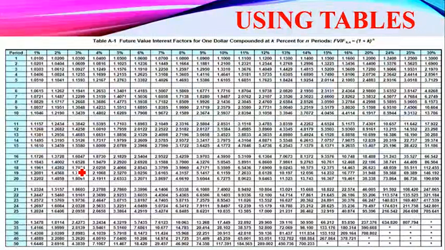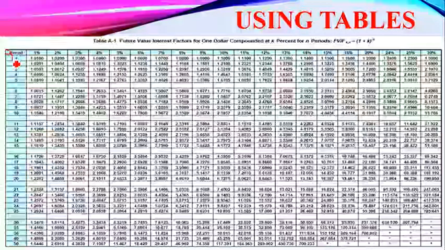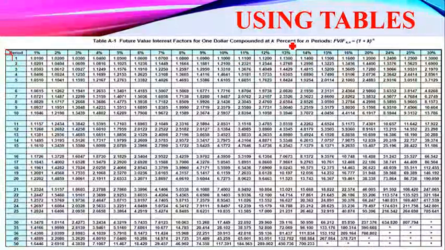Now I know one method might seem to be simpler than the other, but it is advisable that you know the two methods. Reason being, at times you may get required rates of return that are not in the table. Look at the periods. The rates are given from 1% all the way, but you find that a certain percentage is missing. 17% is not there. Look at this, 23% is not there. Look at this, it goes up to 30%. What if I give you 50%?